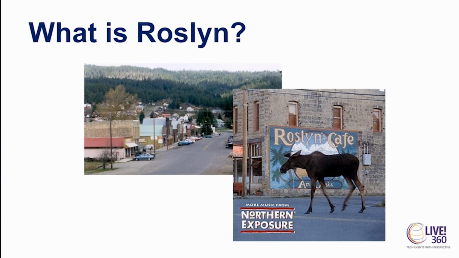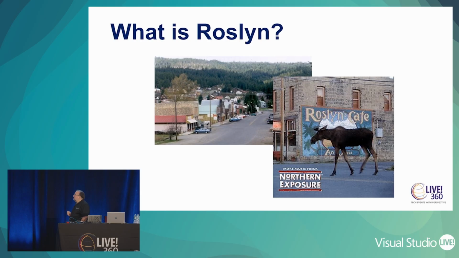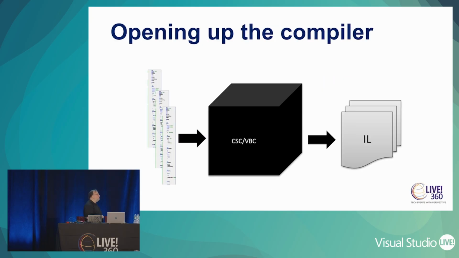What was Roslyn? Roslyn was the rewrite of the compiler for C# and Visual Basic. They spent about 5 years rewriting that, starting back in 2008, and it shipped in 2012. And with Roslyn, it was not only the rewrite of the compiler, but it also opened up the compiler.